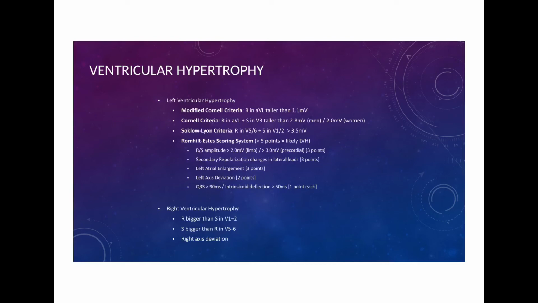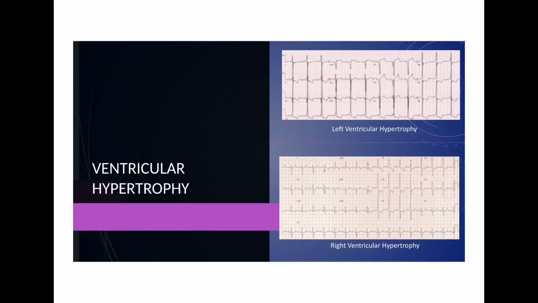And in right ventricular hypertrophy, there aren't very many specifically named criteria for it, but you'll see the opposite changes. You'll see really tall R waves in the leads pointing near the right ventricle, like leads V1 and V2, as well as right axis deviation.